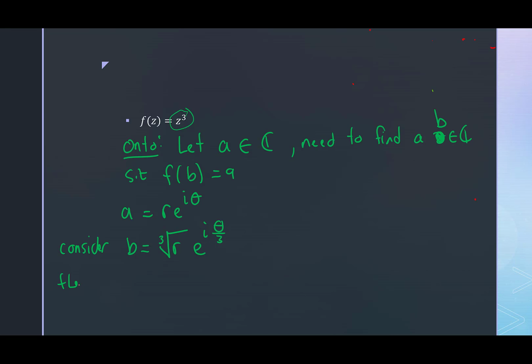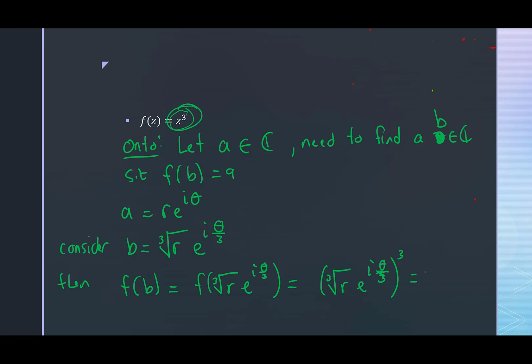Then f of b is equal to f of cube root of r e to the i theta over 3, which is equal to, since this is the cubic function, cube root of r e to the i theta over 3, cubed.